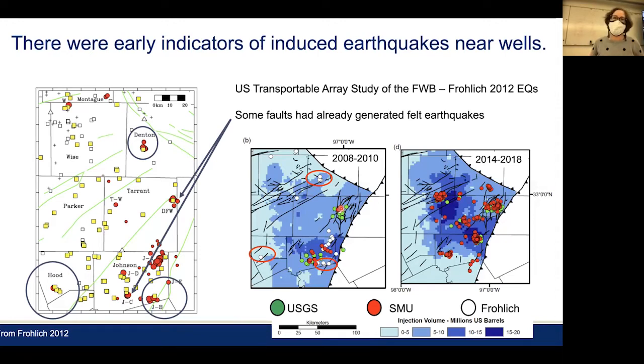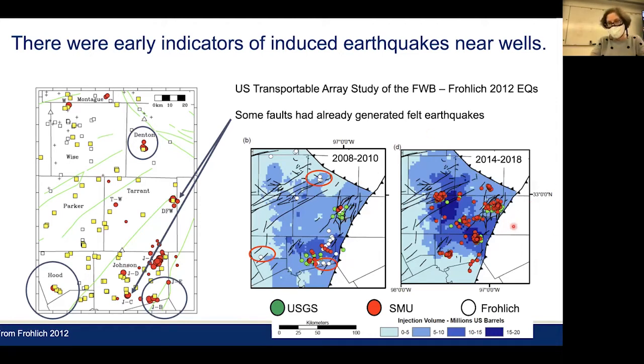They turned that shale gas well, which was never going to produce, into an injector. They put a lot of water down into it and they generated earthquakes right away. So it wasn't a large volume injector, but they were literally within a few hundred feet of the fault. So even this area here that looks like it's not in a very dark blue area was kind of an exception because they almost put the water directly onto the fault.